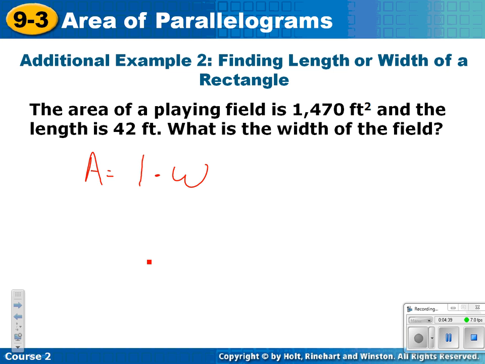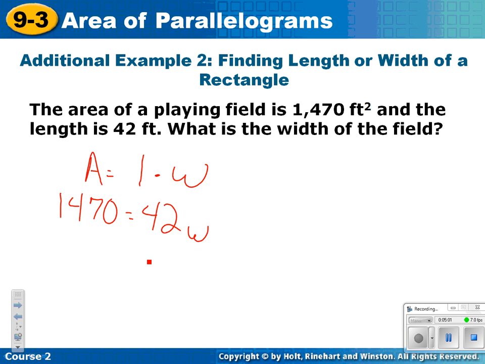We need to figure out W. So we plug in 1470 for A, equals L, which is 42, times W. So 42W. Wow. We have a problem that we know how to solve. We've done this multiple times, haven't we?